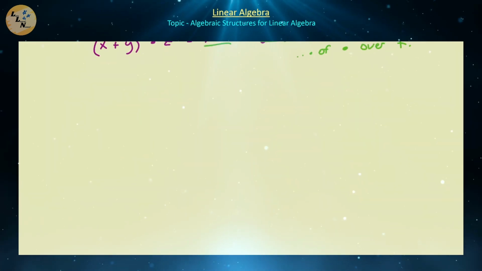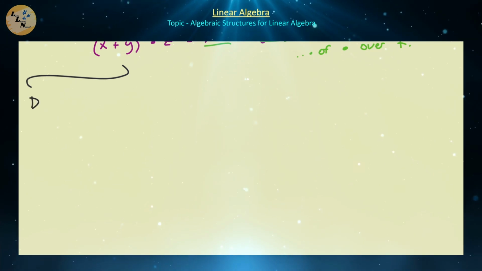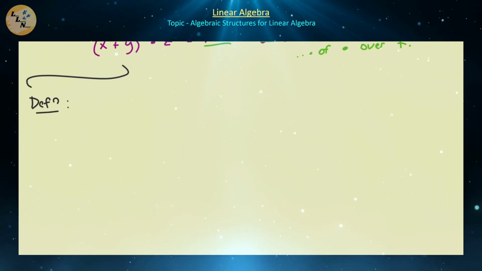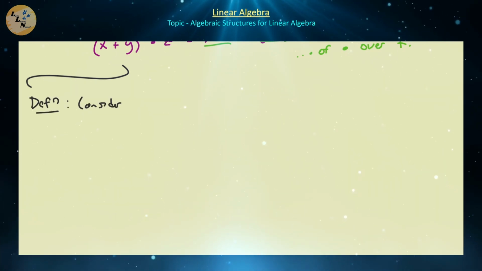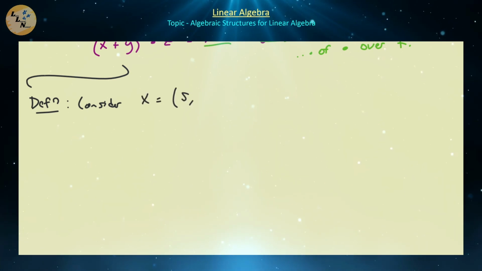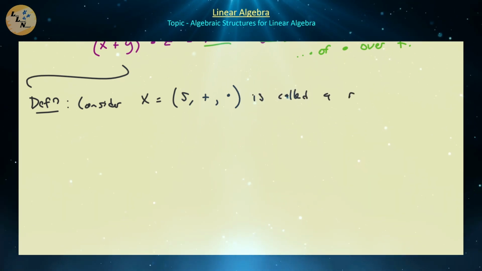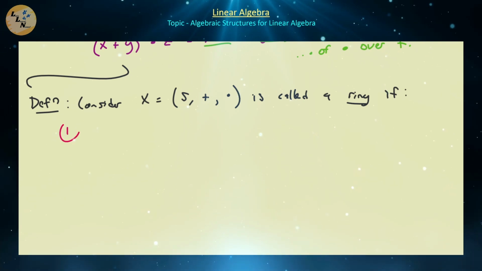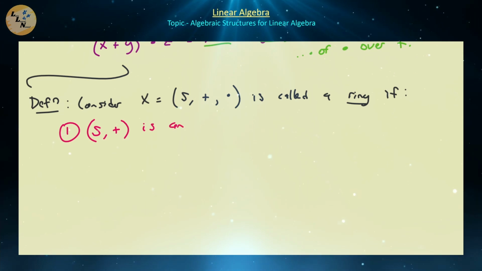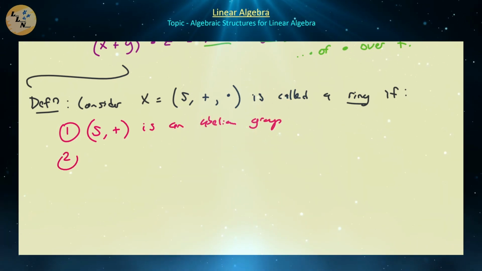So our next structure that we want to define includes these things. Definition: consider the structure S, which is a set with two binary operations, plus and dot. This is called a ring if 1. S plus is an abelian group, 2.